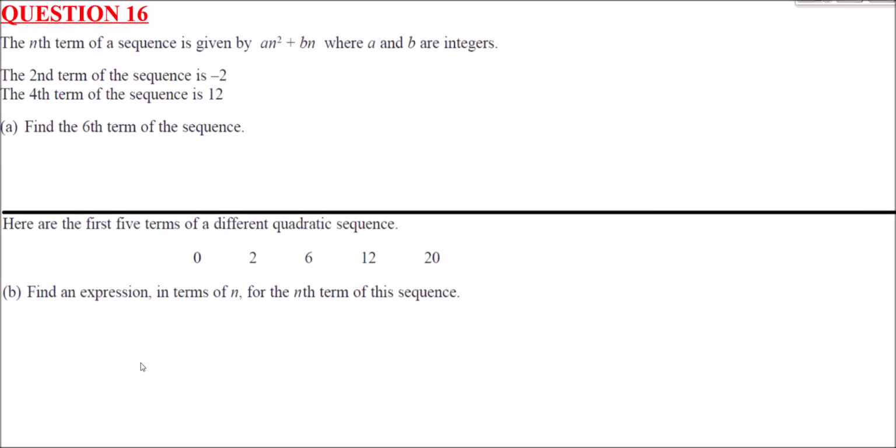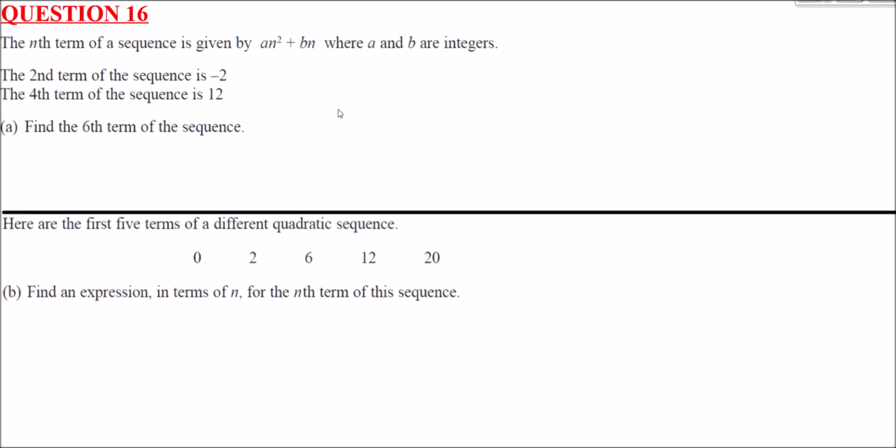Question 16. The nth term of a sequence is given by an squared plus bn, where a and b are integers. The second term of the sequence is -2, and we're told that the fourth term is 12. We next need to find the sixth term of this sequence. So for this one, the process is just substituting in what we need.